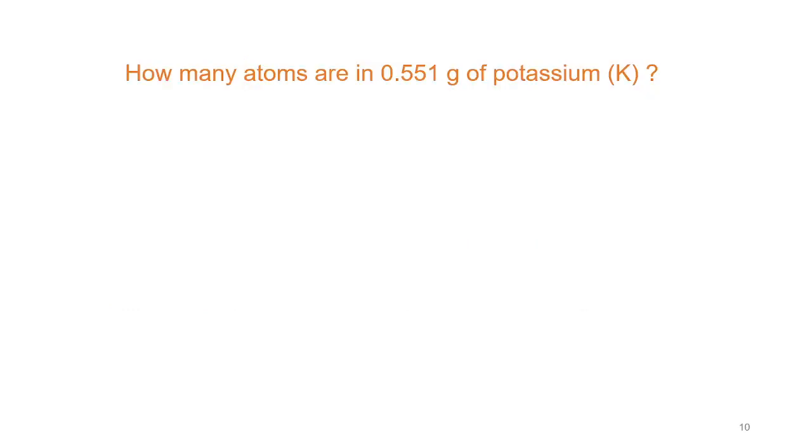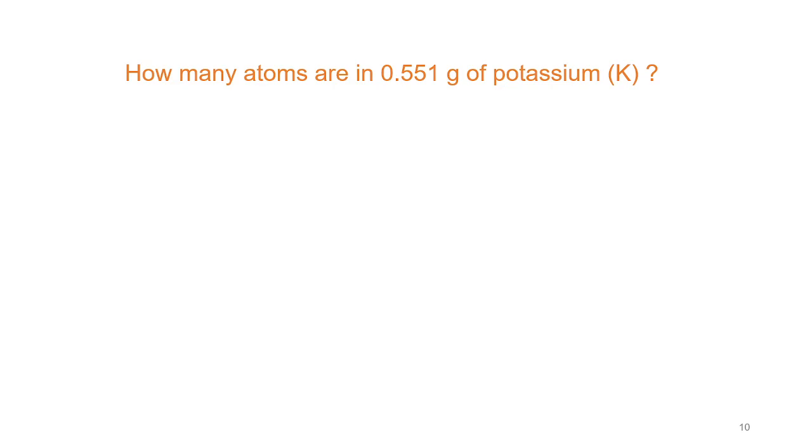So let's try some computations. How many atoms are in 0.551 grams of potassium? Since there is no system wherein we can simply multiply or divide 0.551 grams of potassium directly to the number of atoms, we can apply what we call dimensional analysis.